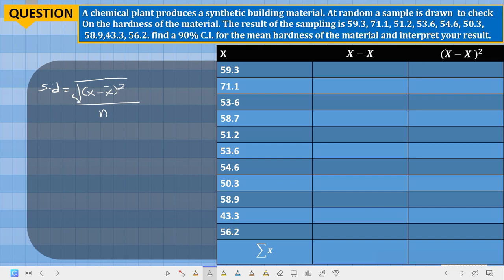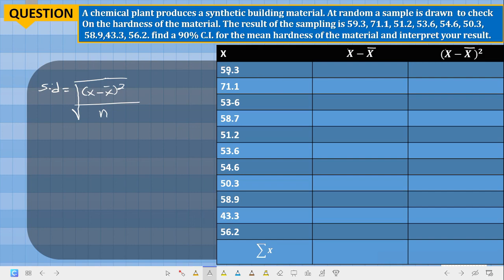This square root is covering both the numerator and the division by n. Now how do we solve this? First of all, we need to look for all the parameters using this table. Now how do we get our mean?